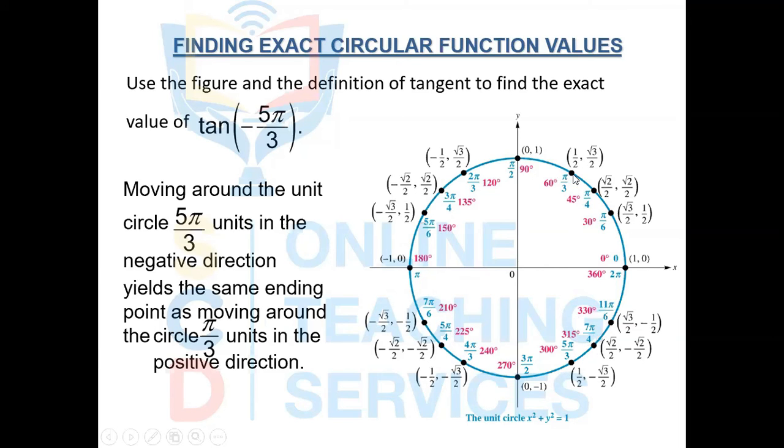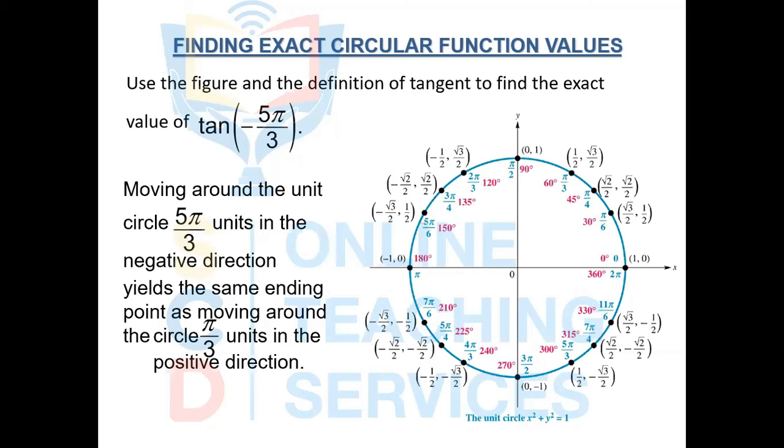That is what is stated in the concept notes that I am presenting to you. Moving around the unit circle 5 pi all over 3 units in the negative direction yields the same ending point as moving around the circle pi all over 3 units in the positive direction. Correct? Do you understand? Okay.